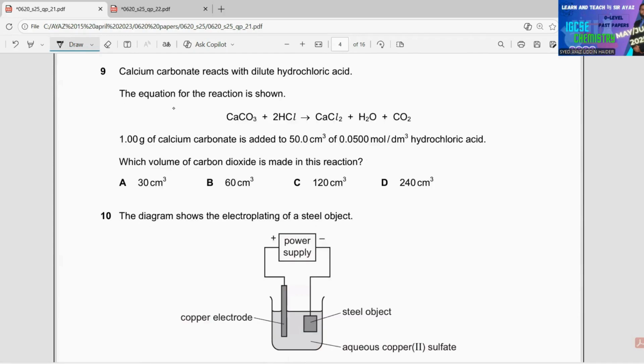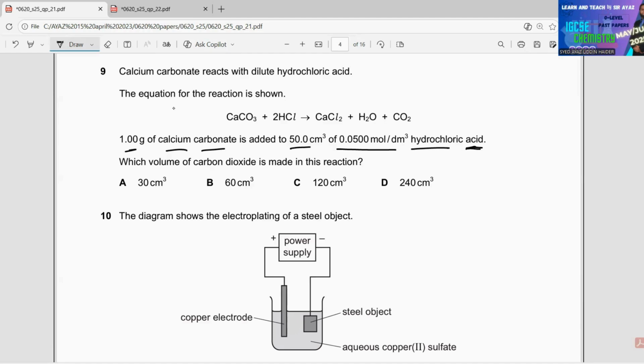9. Calcium carbonate reacts with dilute hydrochloric acid. The equation for the reaction is shown. 1 gram of calcium carbonate is added to 50 cm3 of 0.05 mol per dm3 hydrochloric acid. Which volume of carbon dioxide is made in this reaction? Now in the question, they gave us the mass of calcium carbonate and volume plus concentration of hydrochloric acid. So we need to find the moles of each of these.